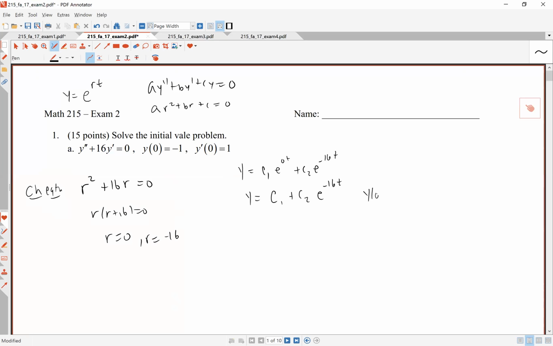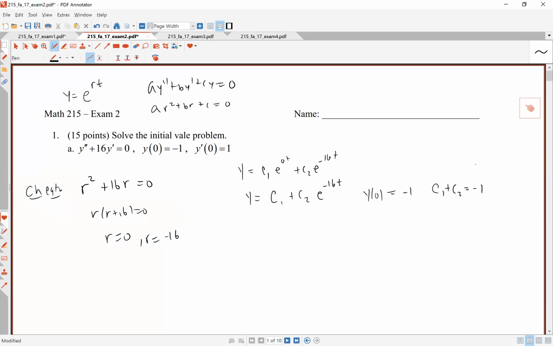Y of 0 is negative 1 says c1 plus c2 is negative 1. And y prime of 0 equals 1. That c1, when I differentiate it, it goes to 0. So we have negative 16c2 equals 1, or c2 is negative 1/16.